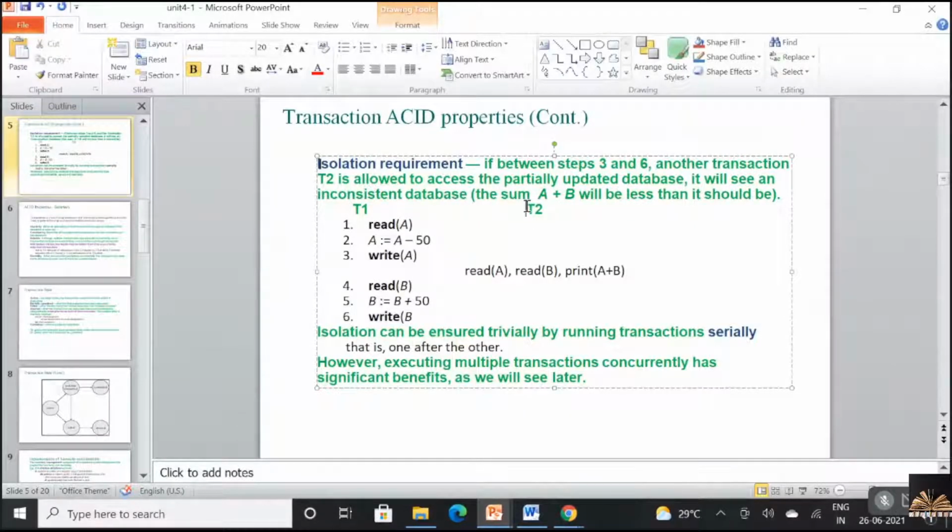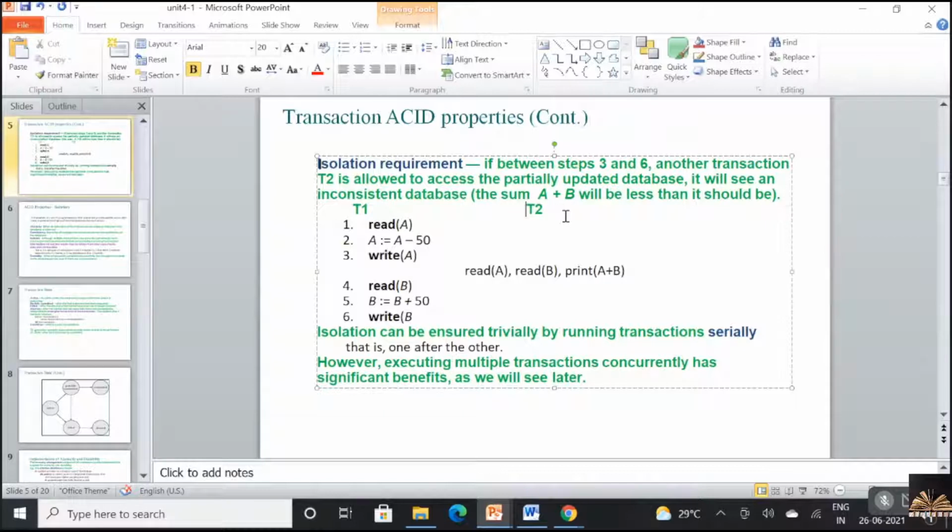Okay. Now try to understand. If in between steps 3 and 6, another transaction T2 is allowed to access the partially updated database. Why I'm calling it a partially updated database is because T1 has not committed and the control is going to T2.